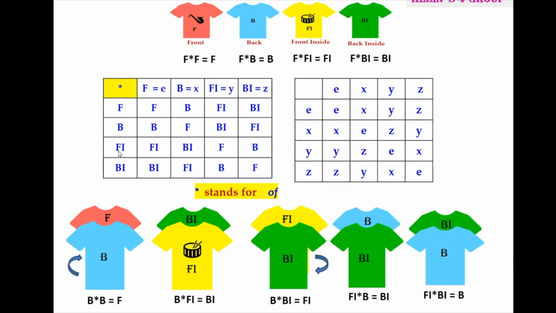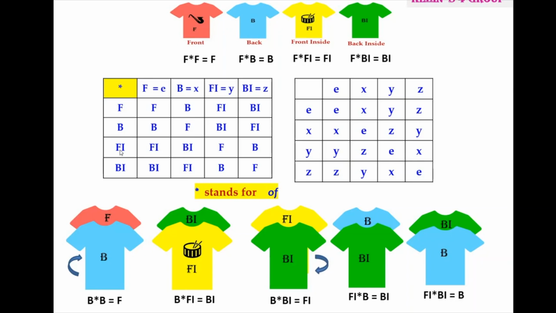Then coming to front inside of front: front inside of front will be front inside only. Now front inside of back: this is back, and the front inside of that will be back inside only.